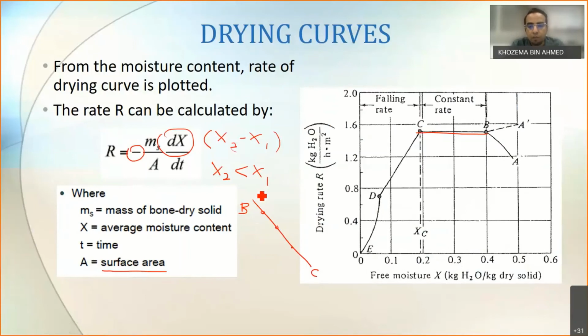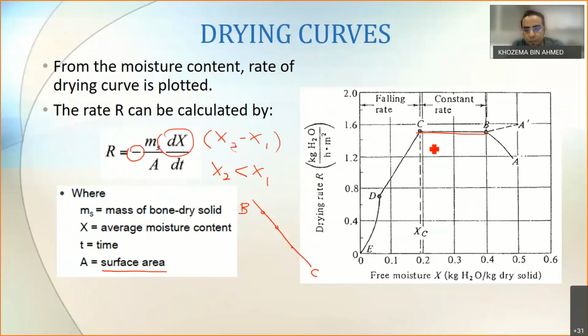And when we are talking about point C to D, we'll have a kind of straight line, and sometimes we can have a slope, because now the gradient and the value of R is changing, since it depends on the diffusion and capillary action. And when it comes to D to E, since it is controlled by the vapor diffusion, you will have another different curve.